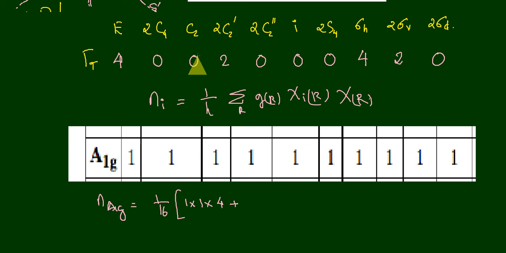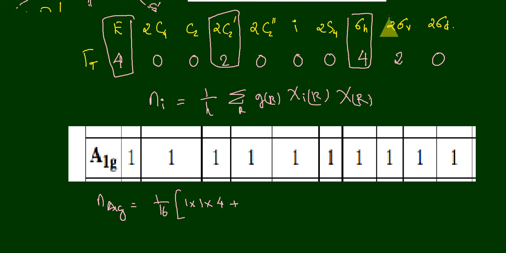So these two I can neglect. I don't need to waste my time calculating all this. I have to calculate this one, then this one, and then this one. All other things will give 0, so we don't need to waste our time finding those.